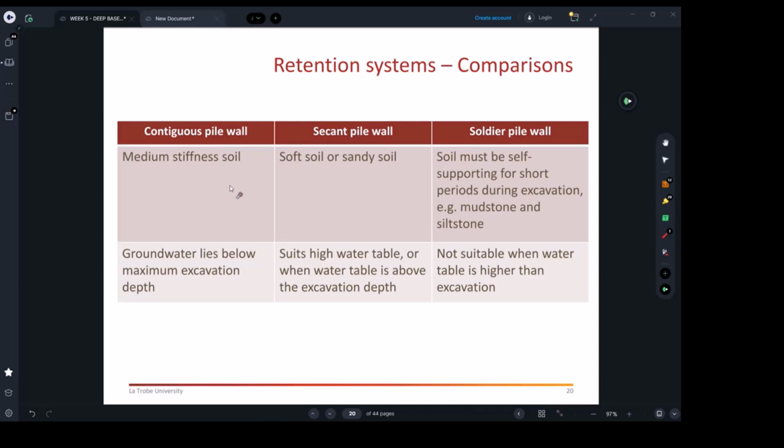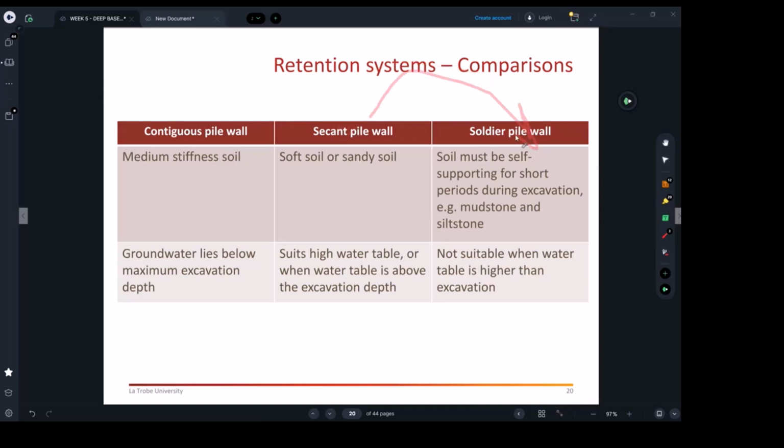Maybe sometimes you will find a corner which is really sandy, or maybe you have a water table raised up. So maybe that corner needs to be built as a secant pile wall system, and the other side can be different. You can mix between them on one site, depending on the situation.